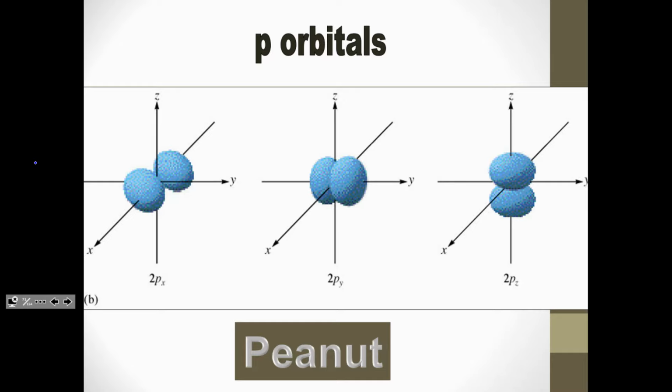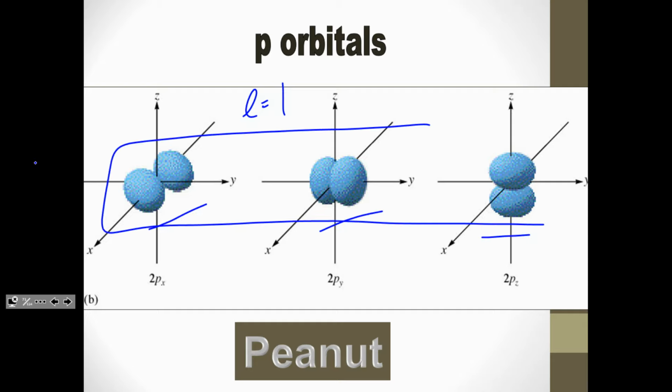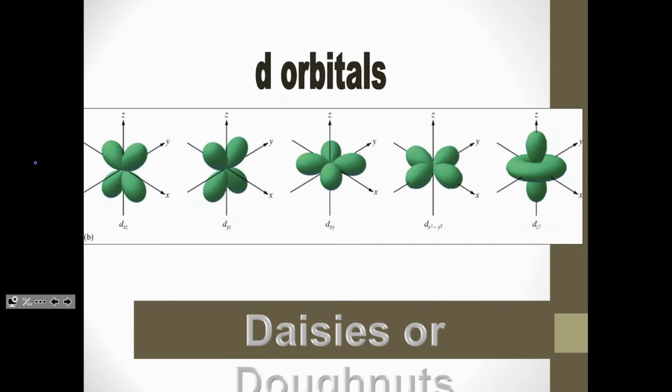p orbitals, here we would have l equals 1, and we have 3 orientations. Now it looks like these are all at the same energy level because they're the same size. d orbitals, again, these are all the same size, so we're thinking the same energy level, but we have 5 different orientations. 1, 2, 3, 4, 5.